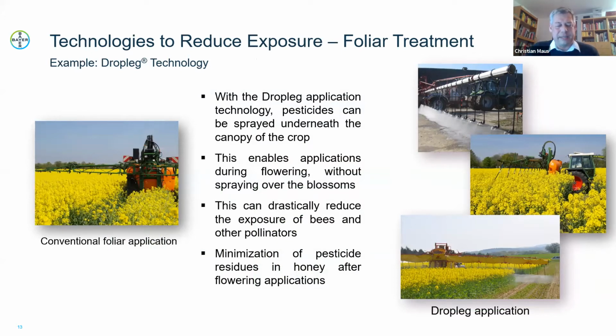One is a great tool to minimize the exposure of bees to foliar applications, like for instance here in oilseed rape. Some products, especially fungicides, but also certain insecticides, need to be applied during flowering because the respective pest is present during flowering of the crop.